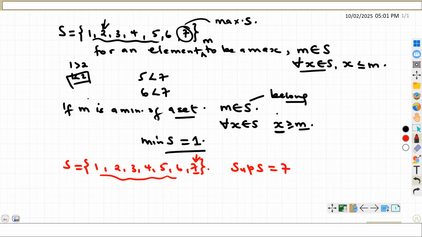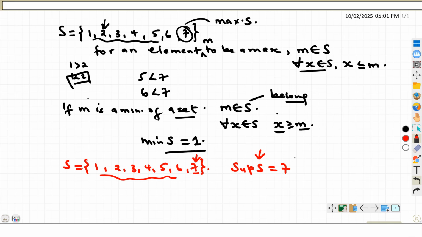However, as we shall see in the coming examples, it is not a must that the supremum of a set has to be an element of the set. So it can be or may not be an element of the set, so long as it satisfies the condition that it is the smallest number that is greater than or equal to every element in the set.